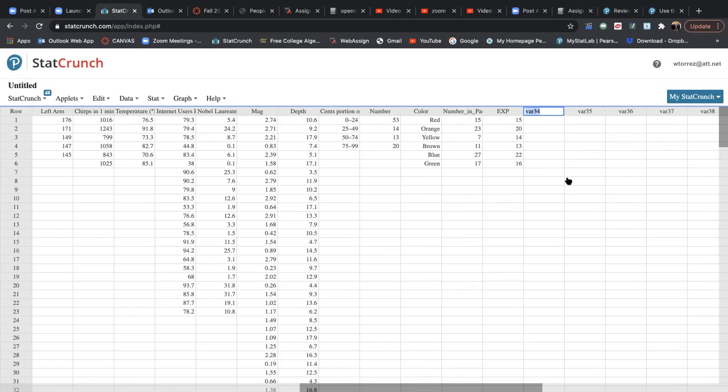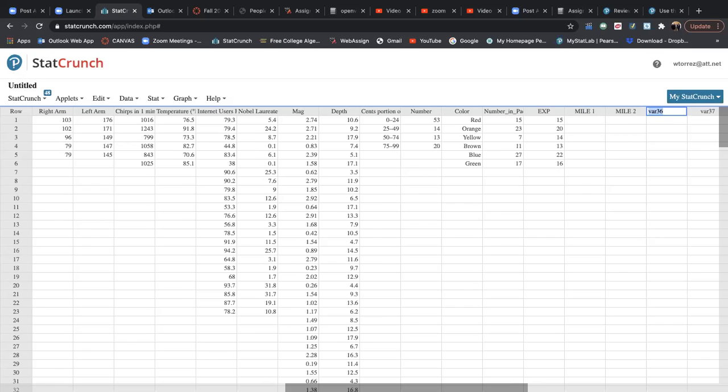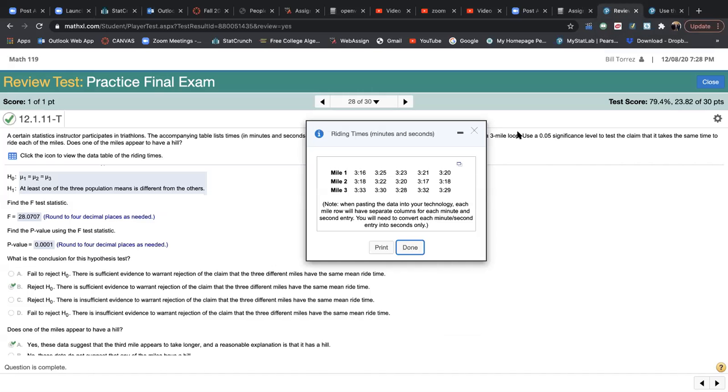So we'll have mile 1, mile 2, and mile 3. Okay, and now like I did in the worksheet, I'll convert these to seconds. So let's take our data here.